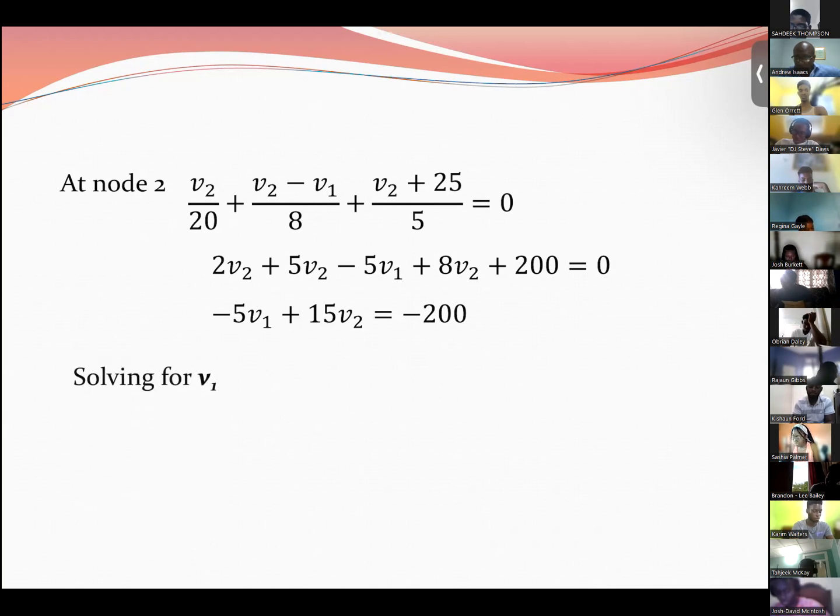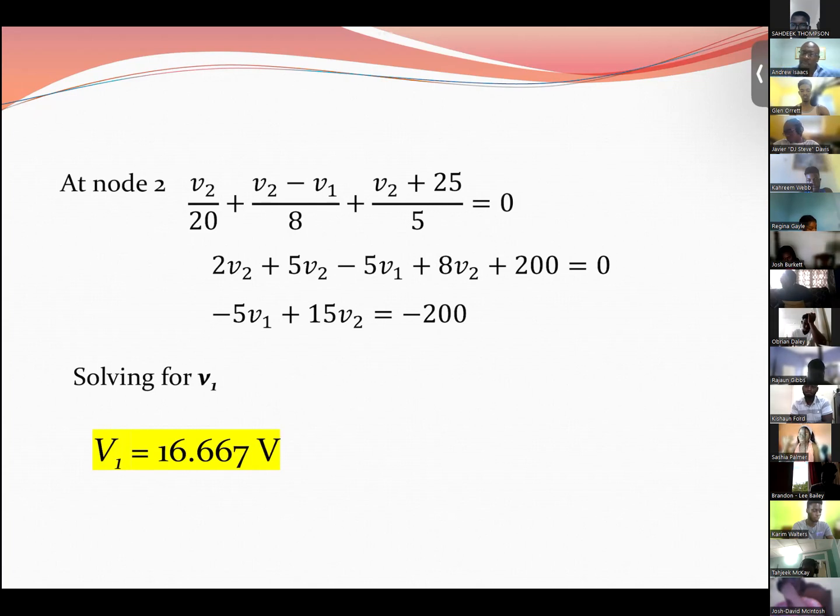So if we solve for V1, then V1 is equal to 16.667 volts. Now note, there is no real need for us to find V2 because what we are interested in is Thevenin. And Thevenin was the node voltage V1 because V1 represents the voltage between that point and the reference.